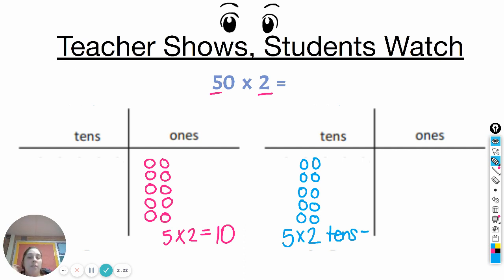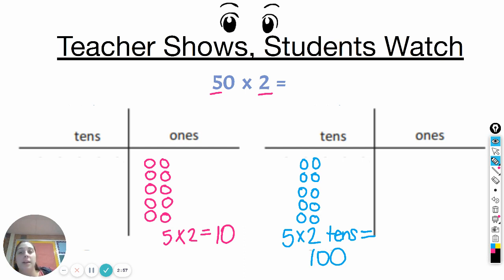So each of these is not worth 1 anymore, it's worth 10. So if we were to count these, it would be 10, 20, 30, 40, 50, 60, 70, 80, 90, 100. So it's really just like doing 5 times 2, except we're doing it in the tens place. So instead of each dot being worth 1, it's worth 10.